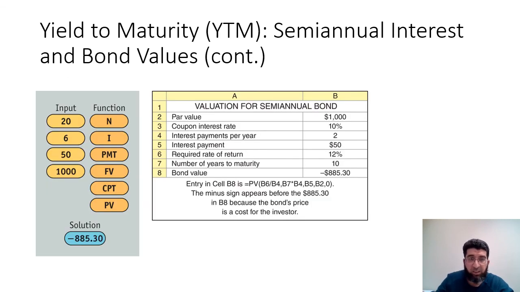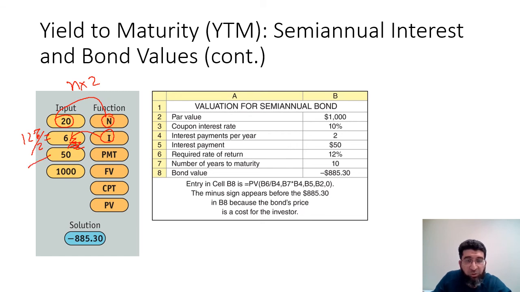You can see the same here. Right now we have to manually figure this out. So N, instead of 10, becomes 20, so we multiply N by 2. The rate was 12%, so now it is 6%. We divide 12% by 2, which comes out to be 6%.